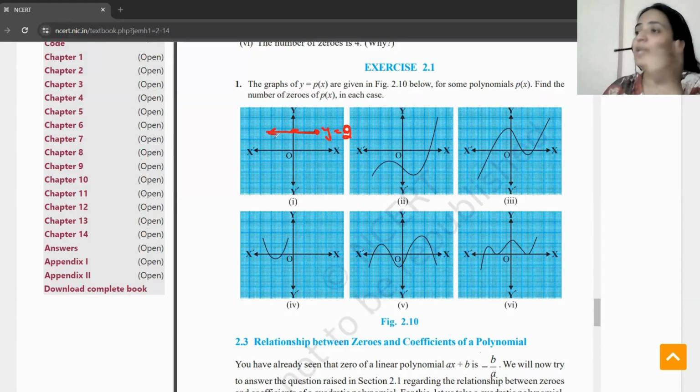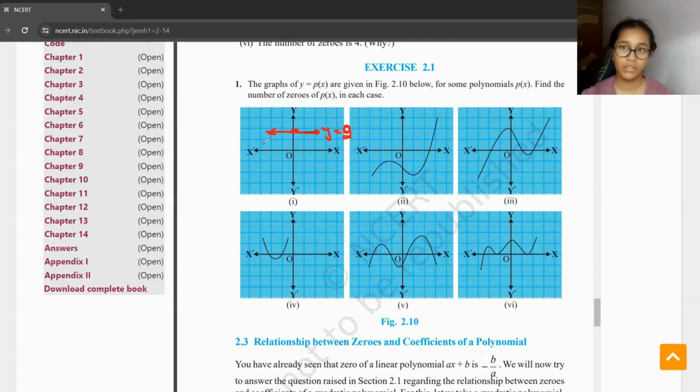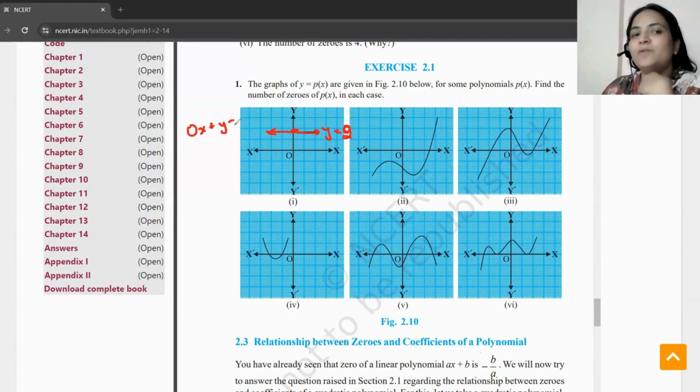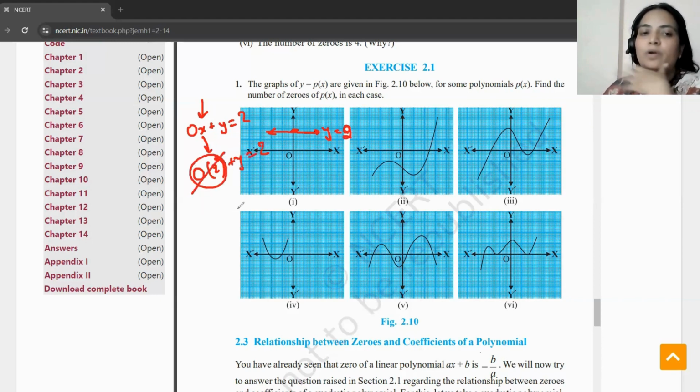Okay, now can you write this in two variables? Where is x here? Do you have any x here? Do you remember how we did that? 0x plus y minus 2 is equal to 0. 0x plus y equals 2. That means whatever value of x you put here, 0 into x plus y is also 2, because the 0x term will be gone.